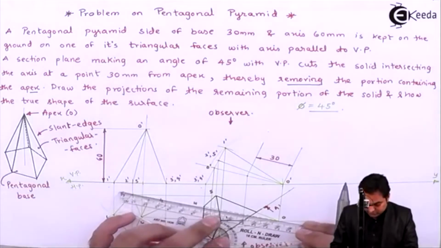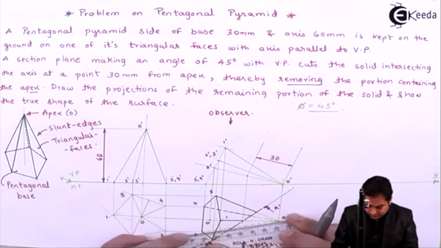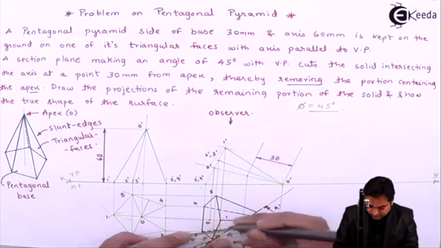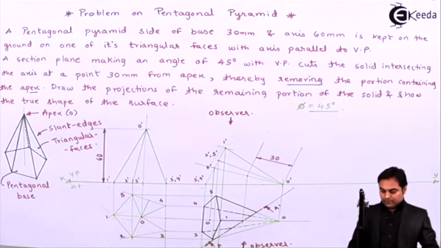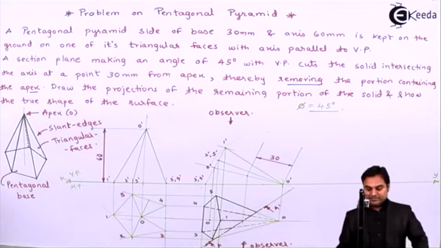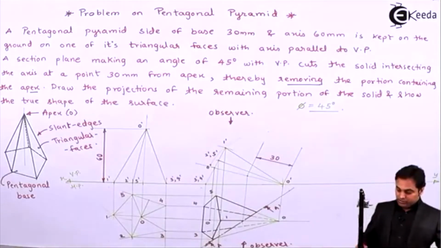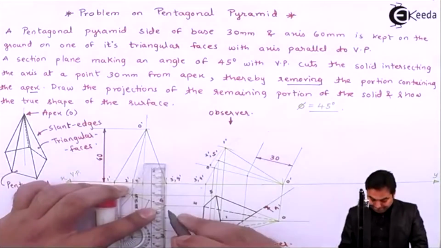Drawing the hidden lines also. Now after getting this section plane and the portion which is there in front of us, next I'll make the initial condition also dark after locating the cutting plane.